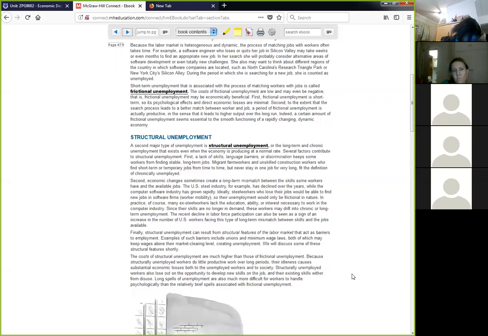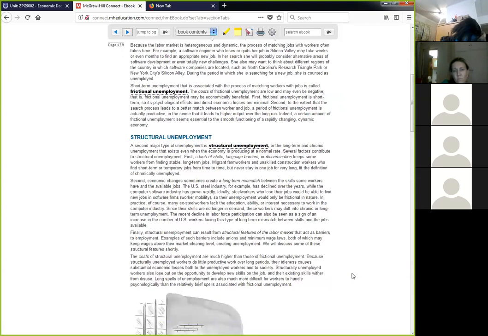There is something wrong here with the long-term management of skills and workers. Frictional unemployment is more of a short-term situation. You're in a job, you lose your job, you retrain yourself, and then you're available, so you get jobs. Structural unemployment is more what we have in South Africa.